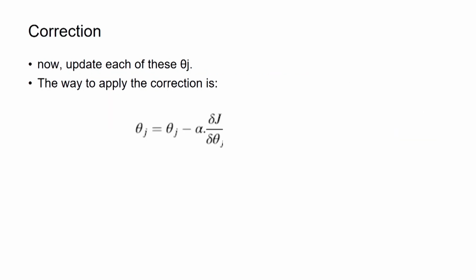So, these two equations we will get, and then we update these parameters using this equation: theta j equals theta j minus alpha times delta J upon delta theta j. So, what is this alpha? Alpha is nothing but the learning rate.